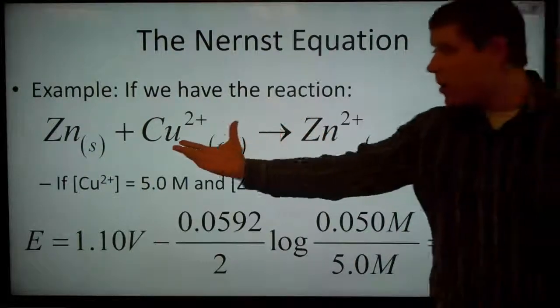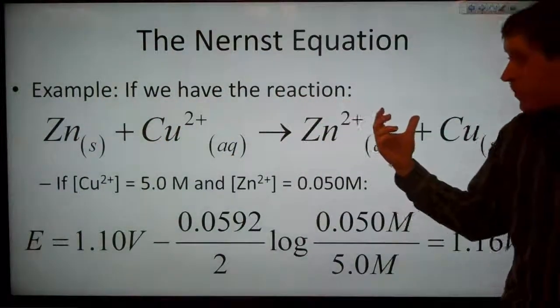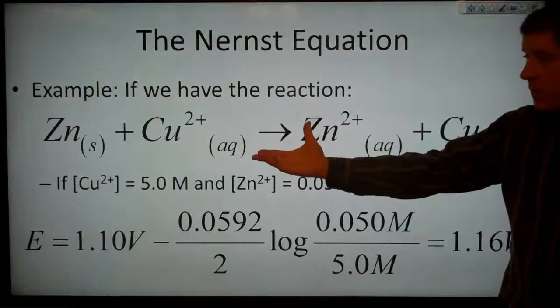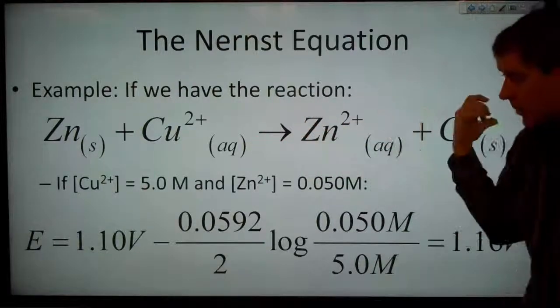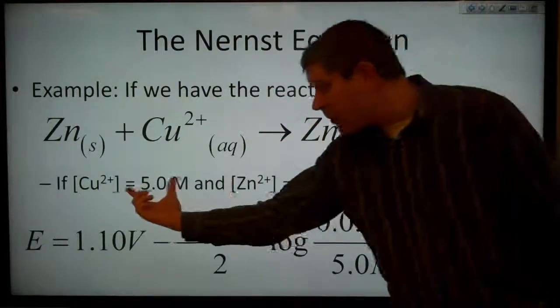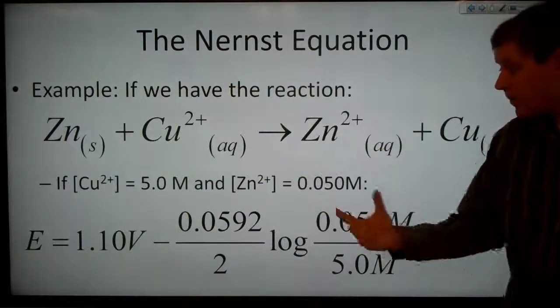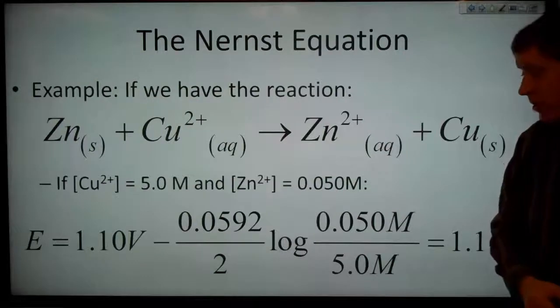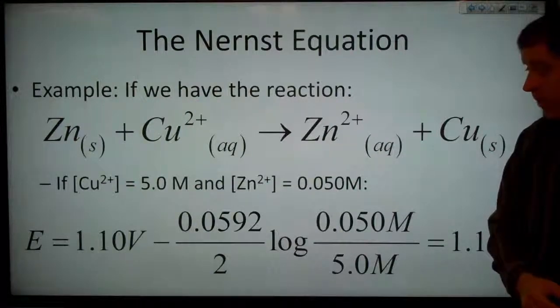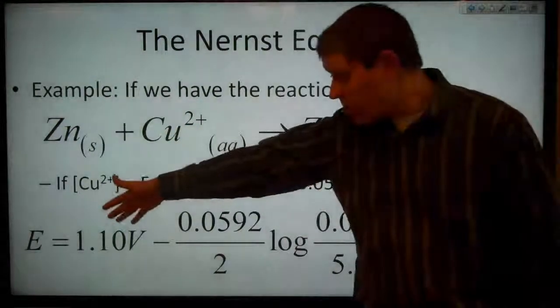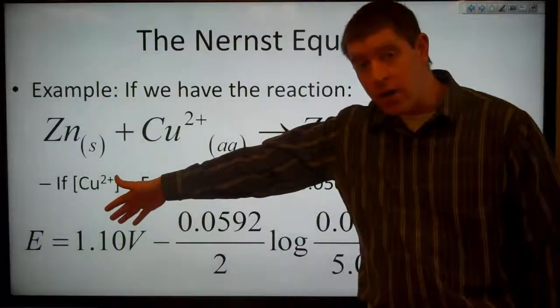If we have our zinc-copper reaction, where we have the zinc being oxidized and the copper being reduced, and if we have a copper ion concentration of 5 molar and a zinc ion concentration of 0.050 molar, then we can plug in our E naught.